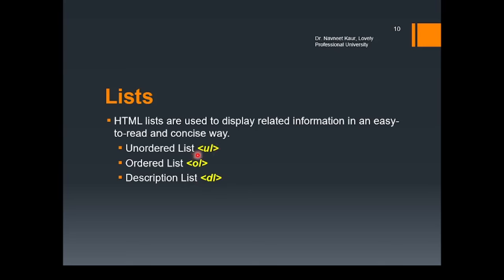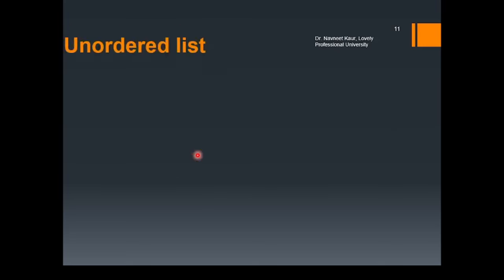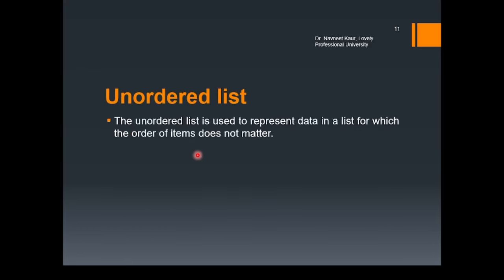So let's discuss the unordered list. The unordered list is used to represent data in a list for which the order of the items does not matter. It means displaying a list of items in a non-sequential, unordered manner, when you want to present a collection of items that are related, but you don't want them displayed in a particular order.